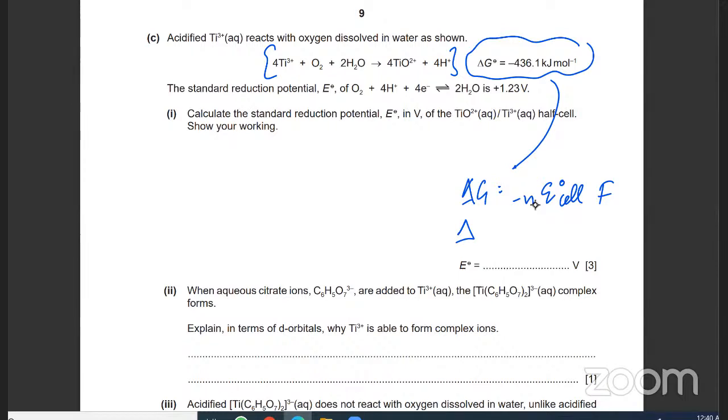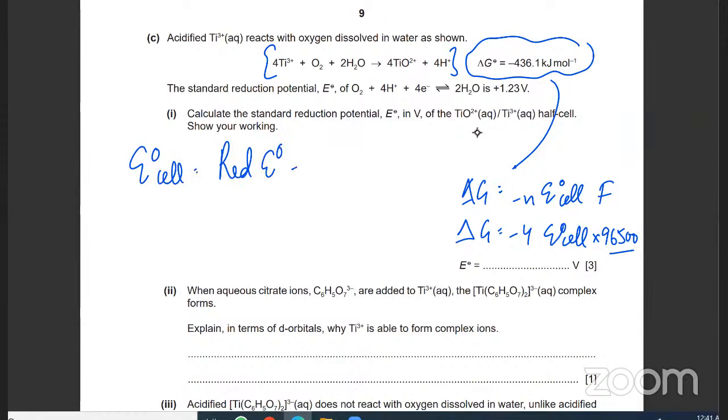So n over here is 4, that's minus 4. E naught cell, you can figure that out. Faraday constant is 96,500. And Gibbs free energy is minus 436.1. That's given, so you can figure out the E naught cell. Once you have the E naught cell, E naught cell is higher reduction potential minus oxidation potential.